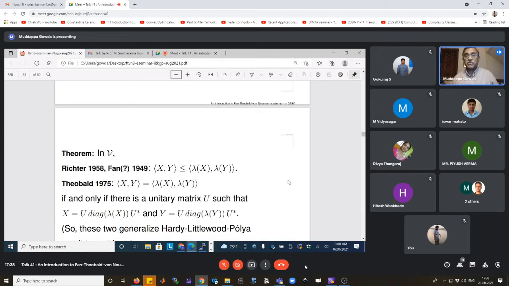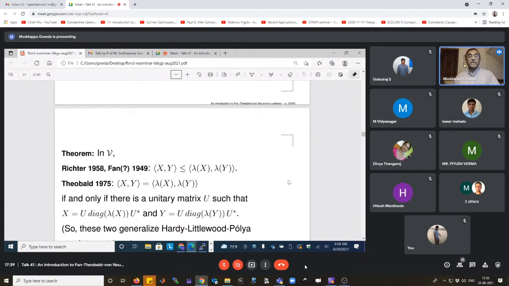That's why I put a question mark there. But I have used this reference of Tam so many times, I believe that what he is saying is right. And that is the reason why I say that this could have been given by Fan, and that is the reason for using Fan's name in the inequality. I may be wrong, but it is explicitly given in Richter's paper of 1958. This inequality is proved.